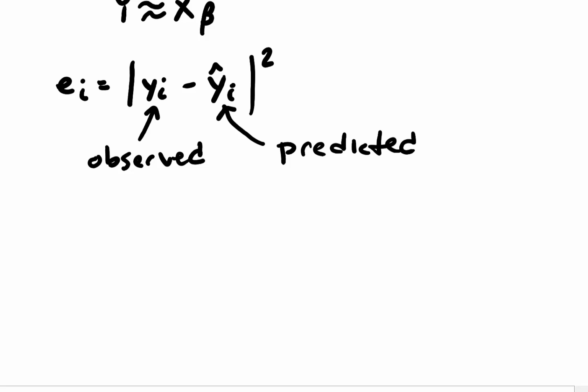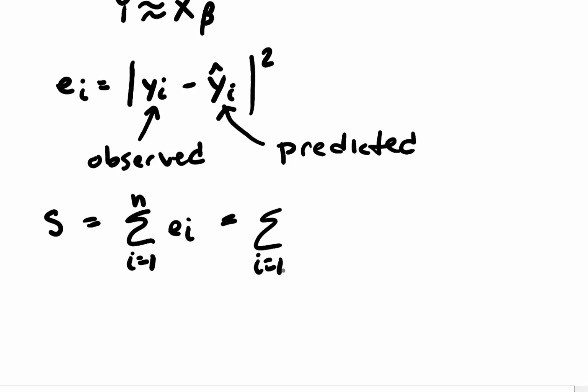So what we're going to do is sum all of the error terms, and then we're going to make that as small as possible. We can sum these, so S is equal to the sum from i equals 1 to n of all of these error terms, which is equal to the sum from i equals 1 to n of (y_i minus y_i hat) squared.